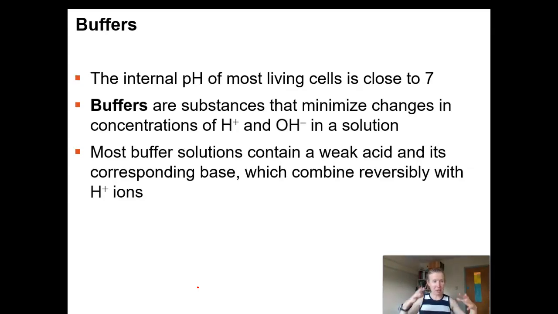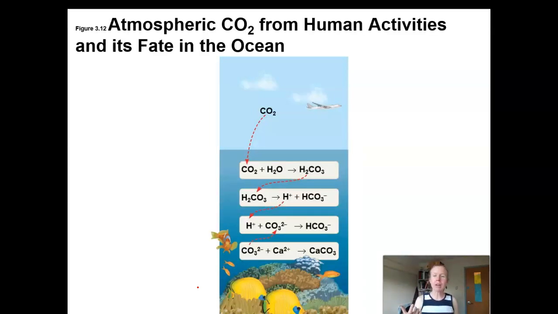Another place then, if you want to think more ecosystem scale, sorry if I get a little, I teach human anatomy, so I get into the human body, but if you think about a global scale, we're concerned about acidification of the oceans, right? In particular, the effects that might have on things like coral reefs. And so this is getting a lot of chemistry here for you. But basically what happens is CO2 from the atmosphere can dissolve into water, and it becomes a molecule called carbonic acid.